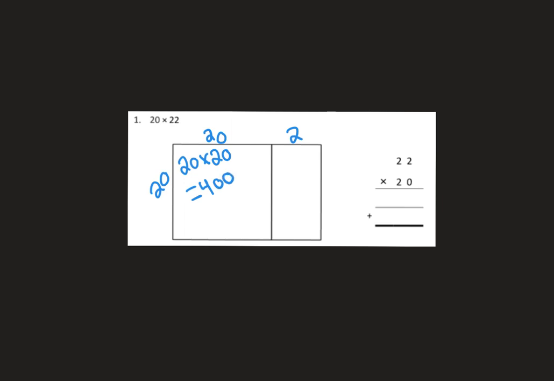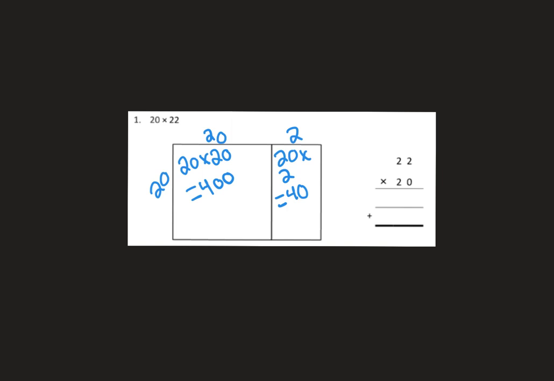And now we have to look over here, so we have to combine this, so it's going to be 20 times 2. So we're going to write 20 times 2, which gives us 40.